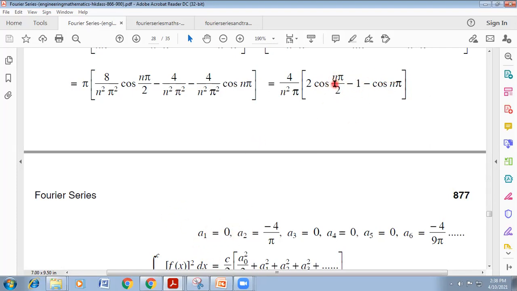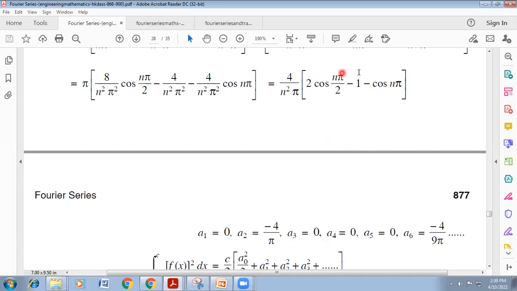Now if we put n equals 2 here, then a2 will be, the 2 will be cancelled, cos pi equals minus 1, and cos twice pi will give minus 4 by 5. For n equals 3, similarly, using a calculator, you will get 0.